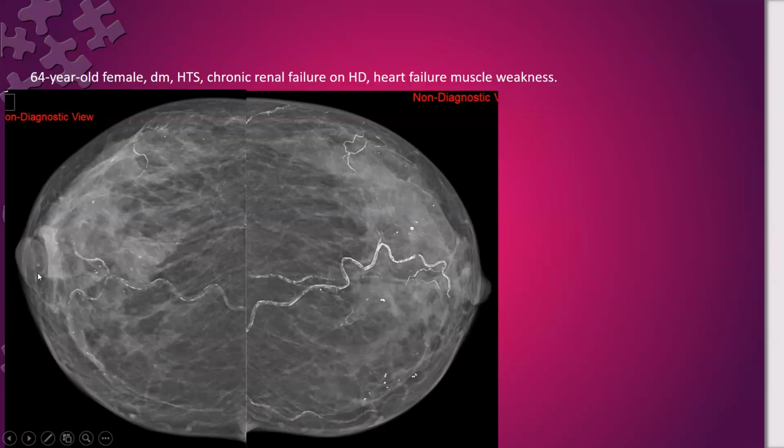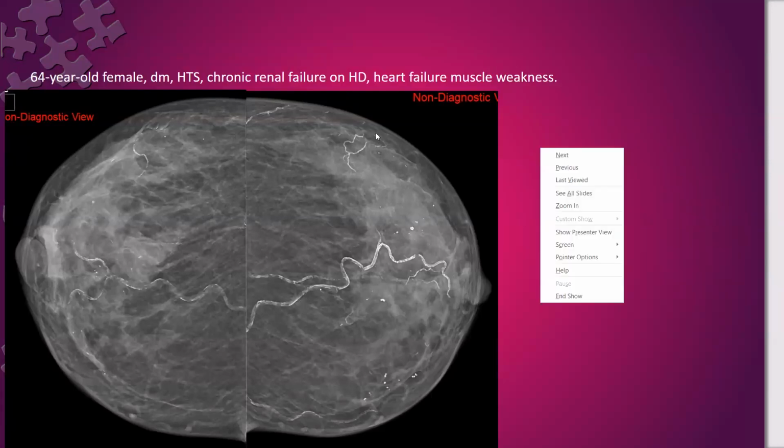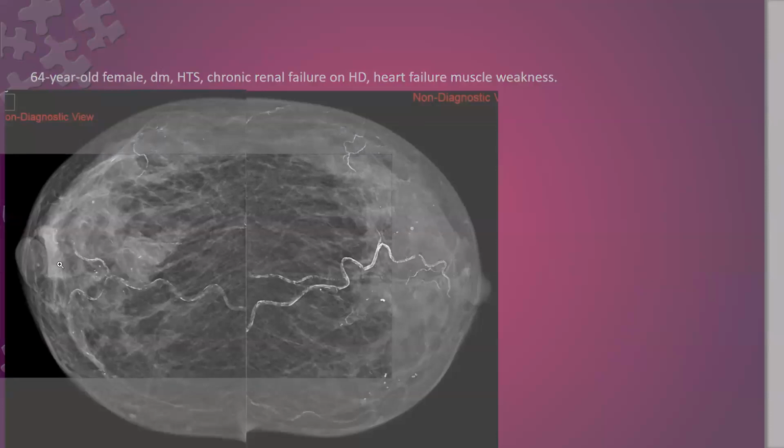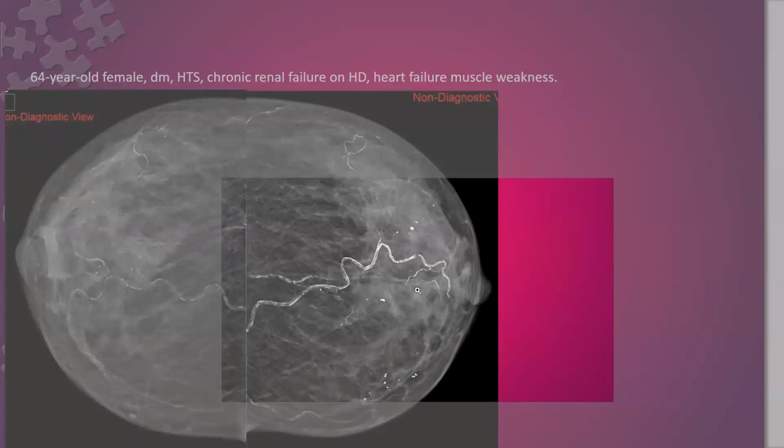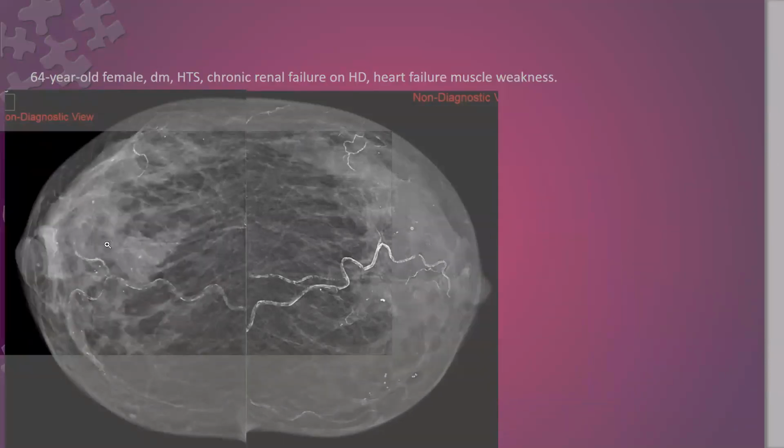And if you look carefully within the nipple, you might see something. Can you see anything? Can you see the nipple here? Yeah, the nipple is hyperdense. What about this hyperdense seen within the nipple? Hyperdense foci.